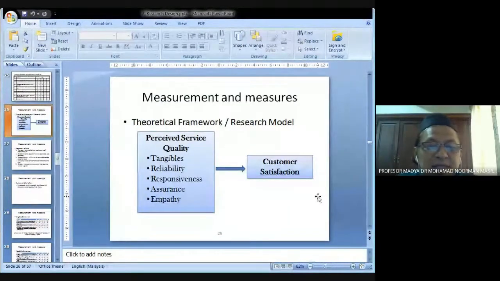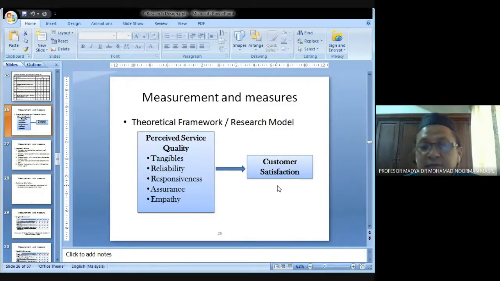Now you can see that, again, I will repeat, perceived service quality is the concept. Tangible, reliability, responsiveness, assurance, empathy, all these are dimensions. But all these are actually the IV, independent variable. And then this one is the DV. So this is an atomic variable.